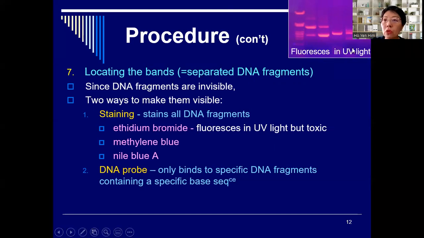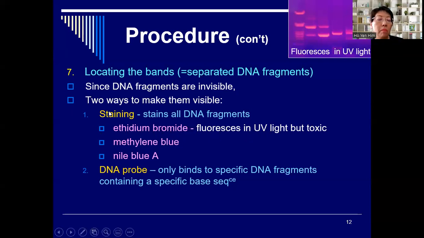Then they take a photograph of the gel. But ethidium bromide is very toxic because it is carcinogenic. It has been used widely in the lab, but we must be very careful when we handle the solution.